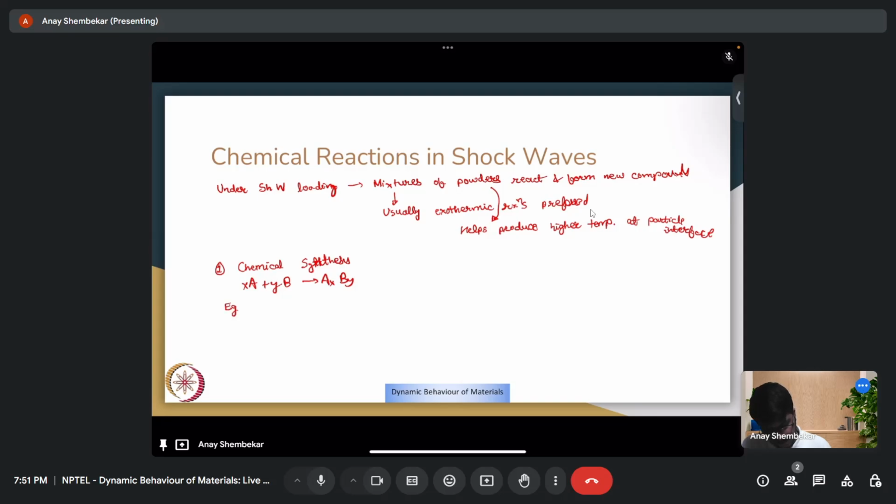Example of the same is nickel and aluminium will form NixAly. So a lot of such compounds can be found such as NiAl, Ni2Al3 and so on. Another example could be niobium with silicon.